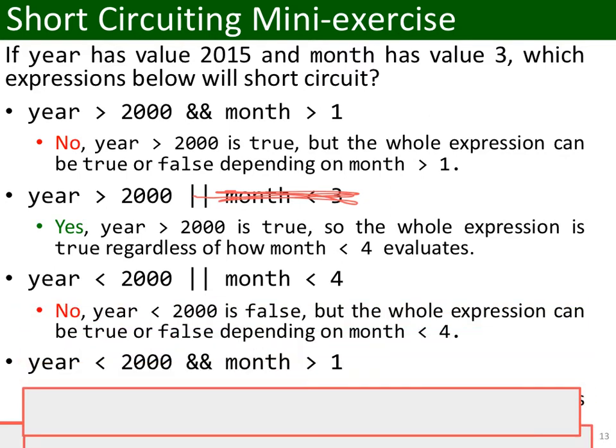And finally, we have year is less than 2000, which evaluates to false because year is 2015. And we are performing a logical AND operation. Logical AND in the presence of any operand which is false will always evaluate to a false value.